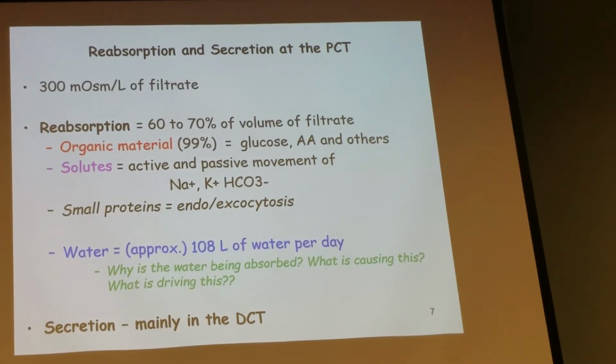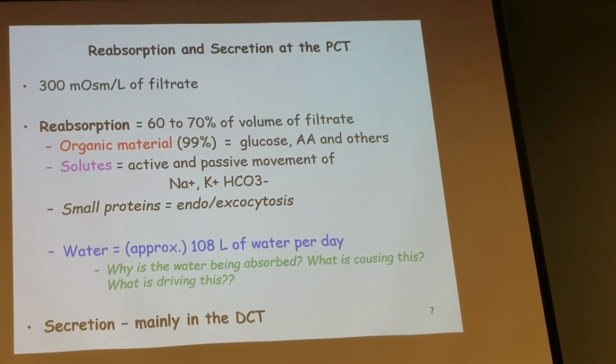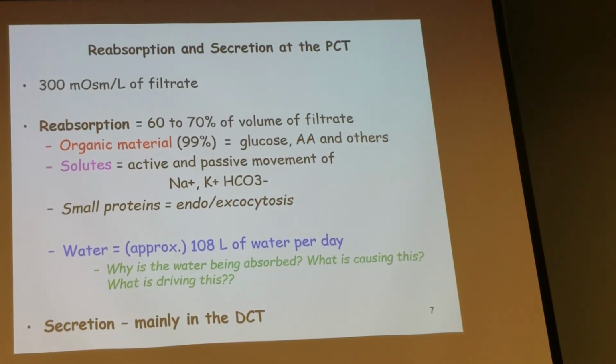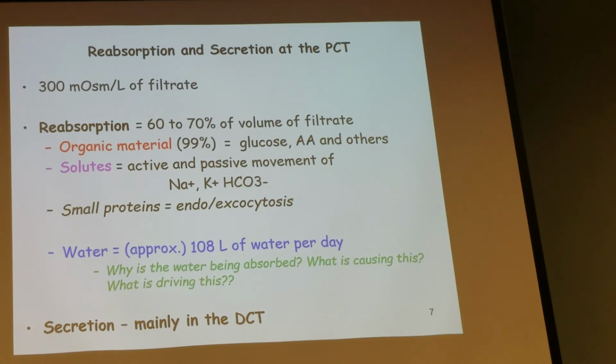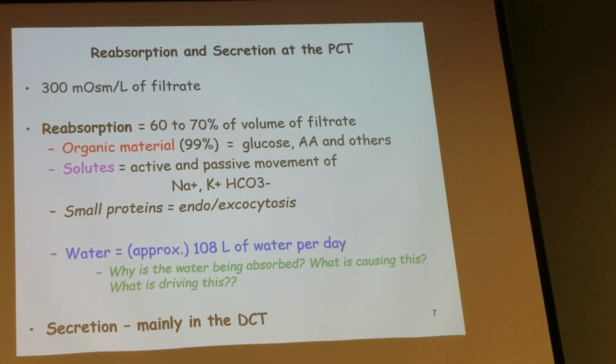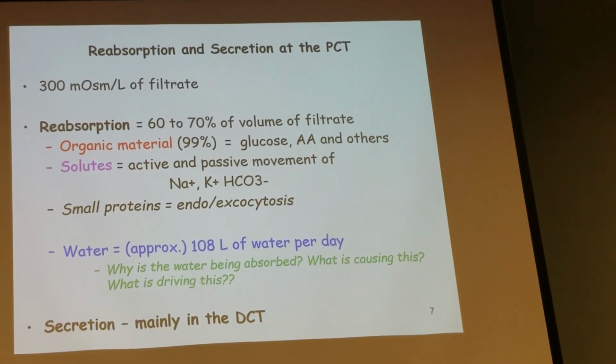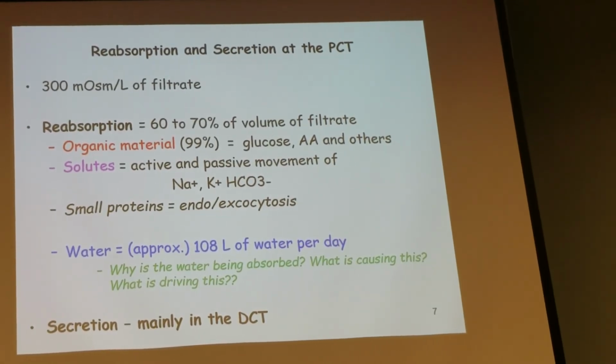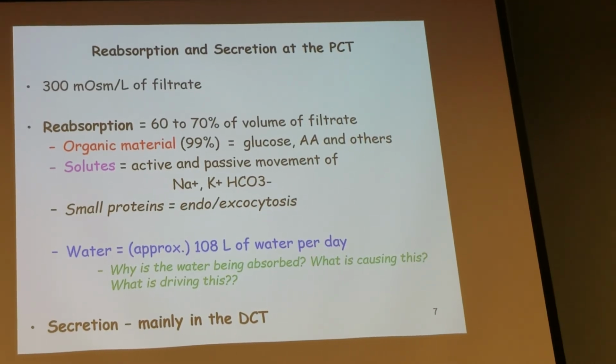Yes, they got filtered because they were small enough to fit through the capillary bed, but I would rather keep them. So we're going to reabsorb them right off the bat. Now, the proximal convoluted tubule's main job is reabsorption. That's its primary job. It does a lot of reabsorbing. It does a little bit of secretion.